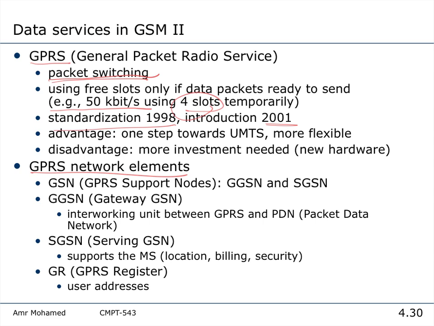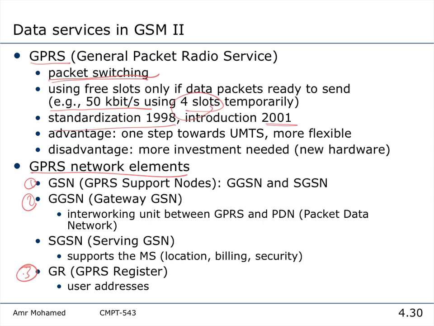An interworking function allows me to connect with any other technology like PSTN or ISDN or any other service provider. And we have the home location register, or the database that stores the information about the mobile stations. So here, these components 1, 2, and 3 are the components that GPRS added to the system.